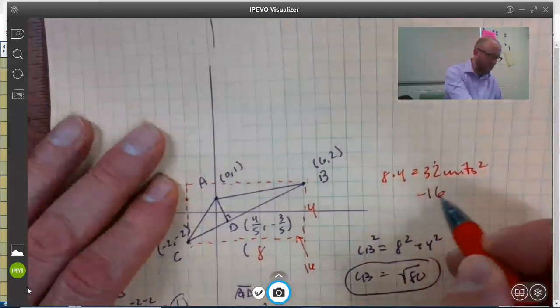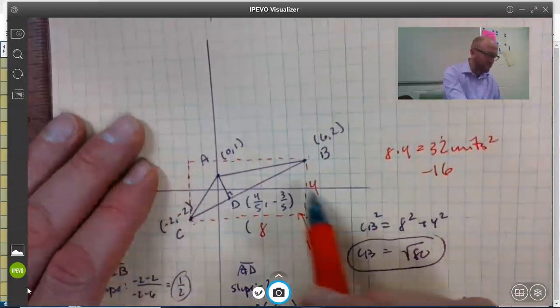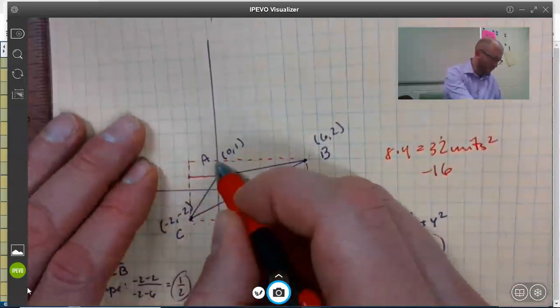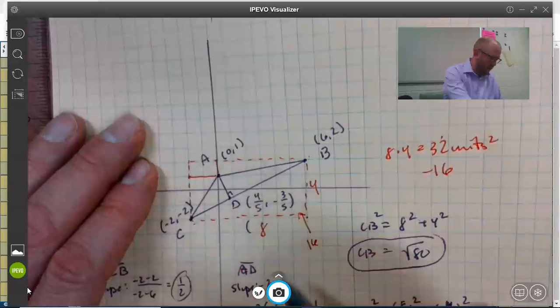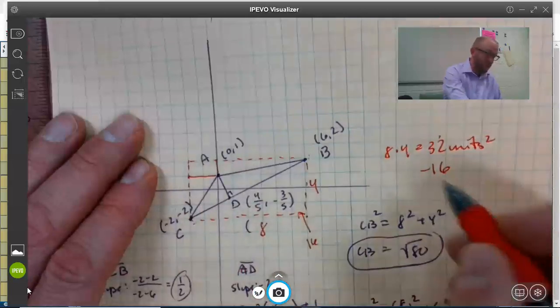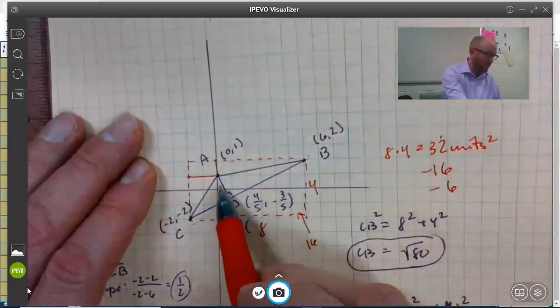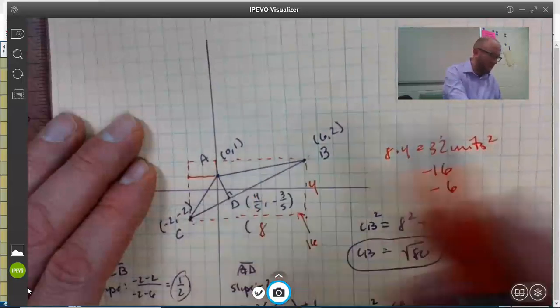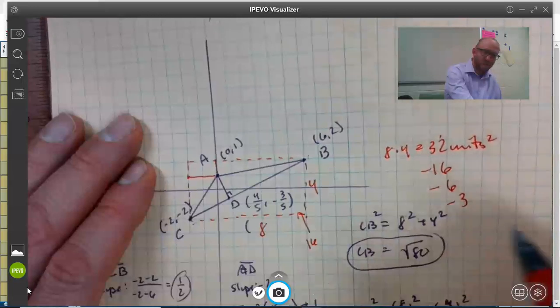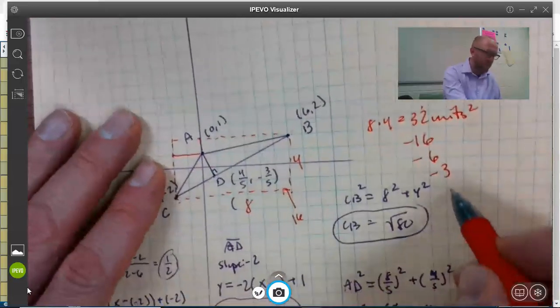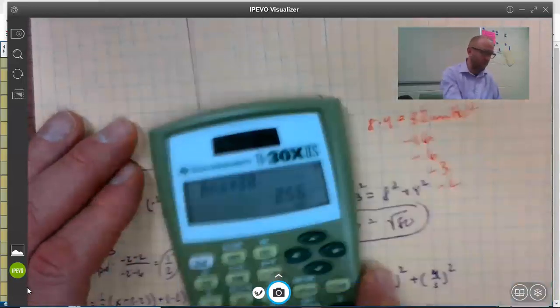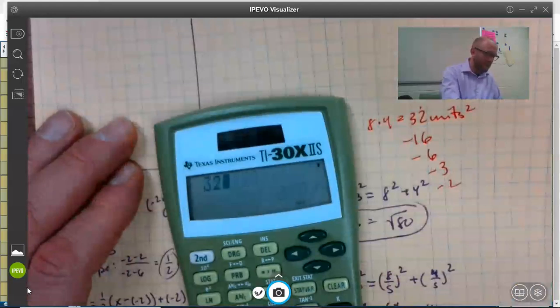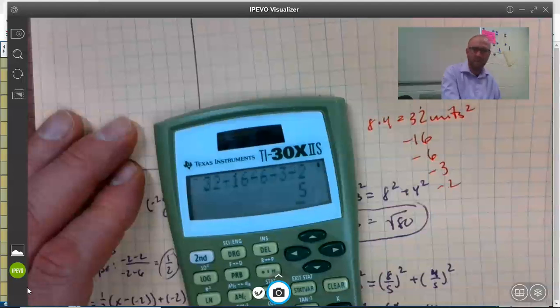So we're going to take away 16. Then up here I've got 3 by 2, that's 6, so we're going to take away 6. And up here we've got 6 by 1, that's 3, so we're going to take away 3. And there's 2 extra blocks there, so we take away 2.